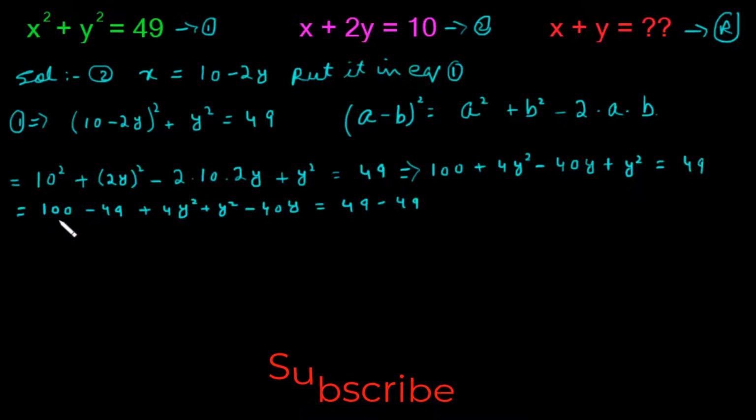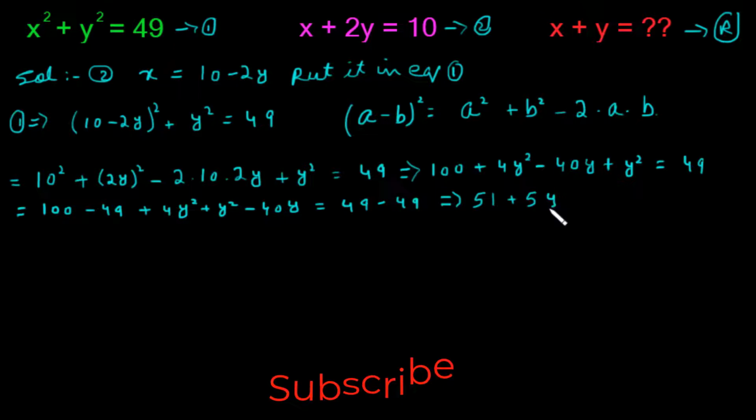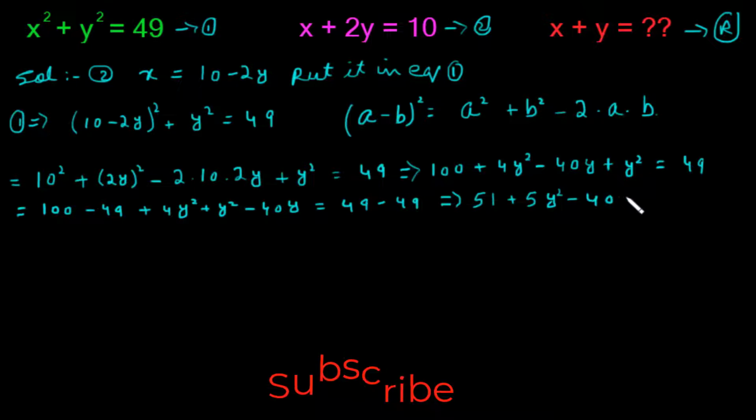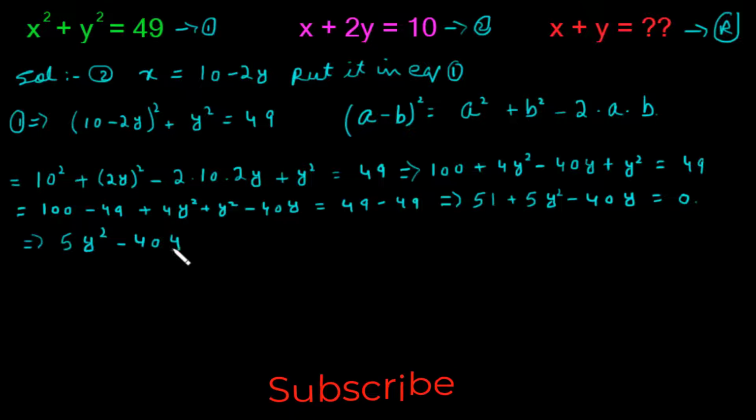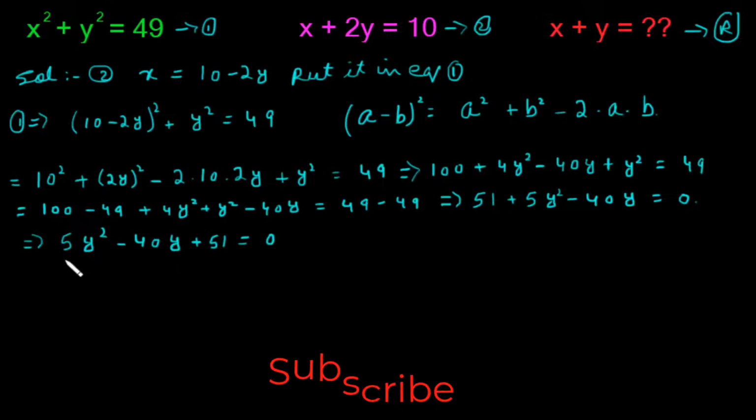So 100 minus 49 will get me 51, and when these two are added, I will come up with 5y squared minus 40y plus 51 is equal to 0. Now this is quadratic in y, okay?